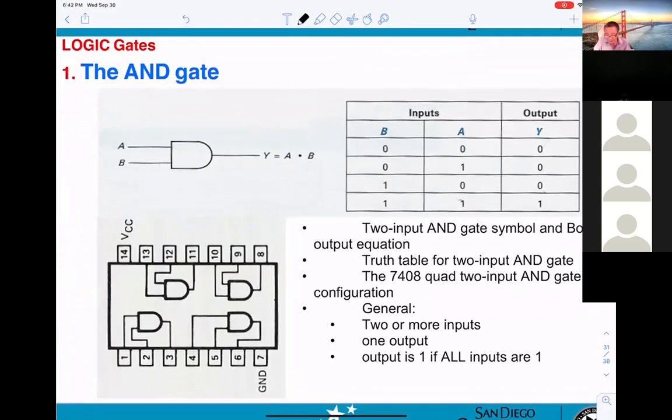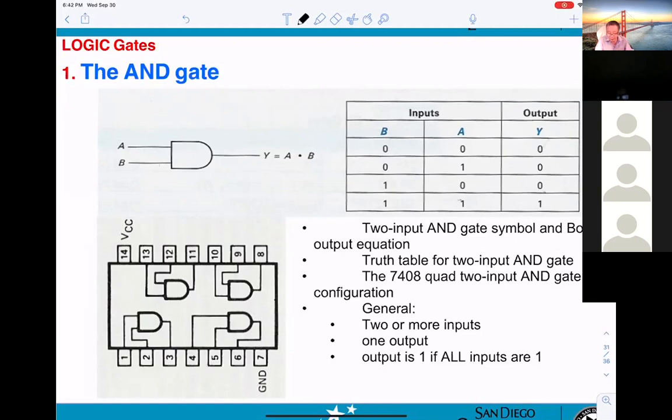Now, the first one, they're talking about logic gates. This is something you really have to deal with all the time inside the circuitry. First, the logic gate they call the AND gate, the AND operation.